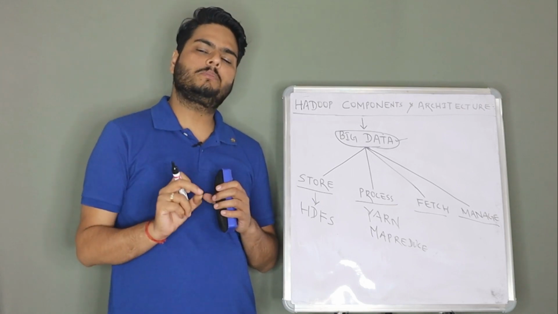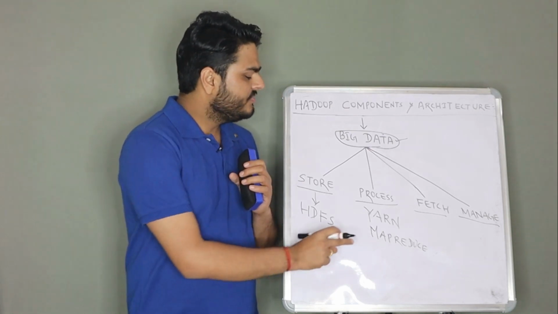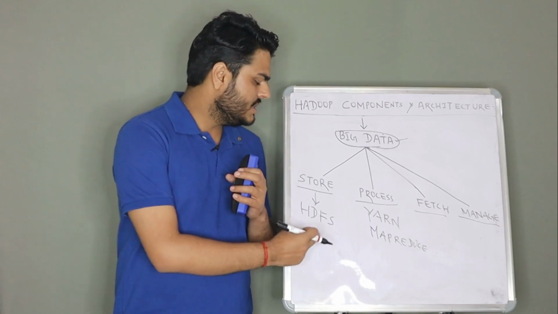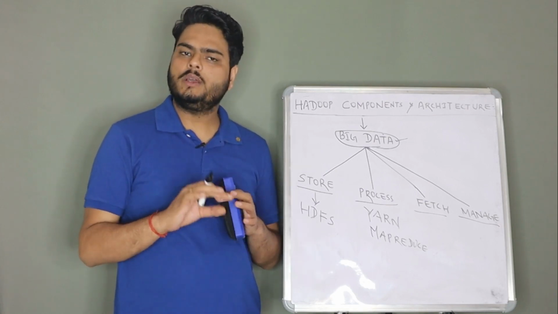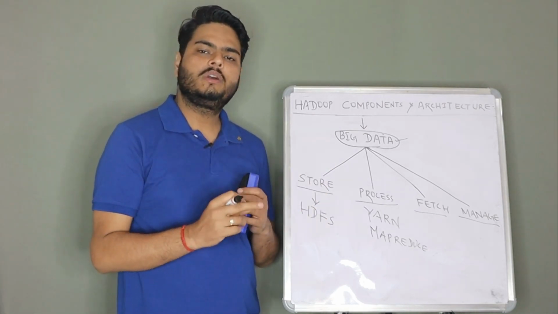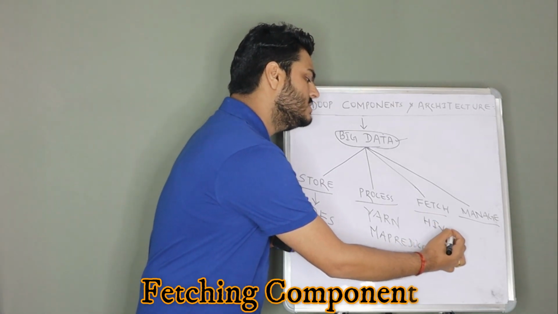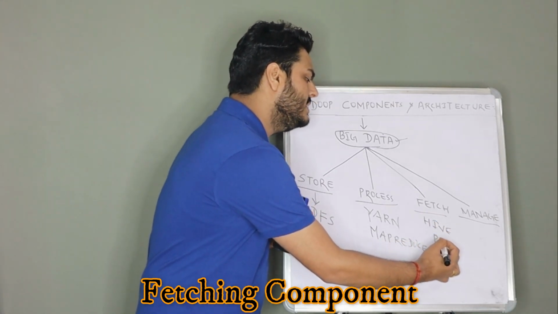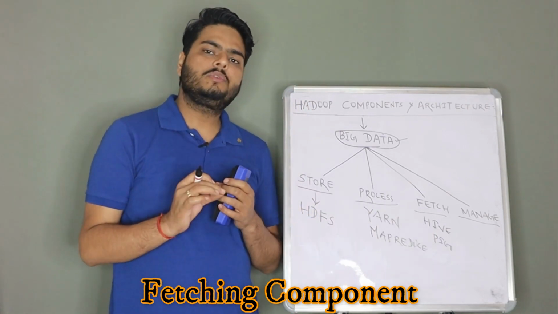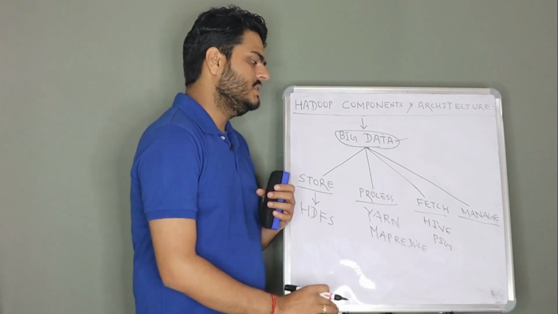How they are used, we will go into in more detail, but for now you need to understand that these two components manage the data processing part, and HDFS manages the data storage part. Now come to fetch. How do you fetch the stored data? I am sure you must have heard of something known as Hive and Apache Pig. These are some of the components of Hadoop which will help you to fetch the stored data. This also we will discuss in detail.